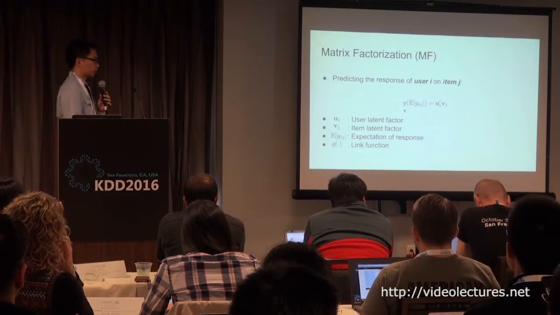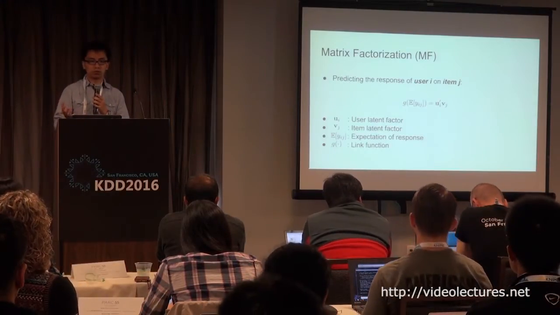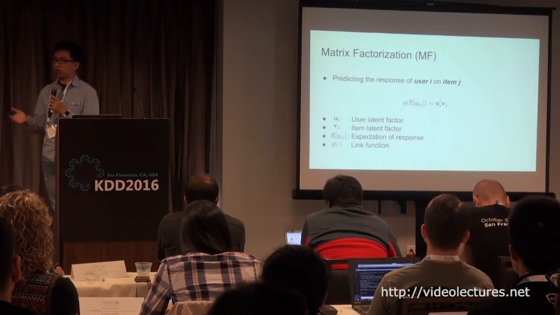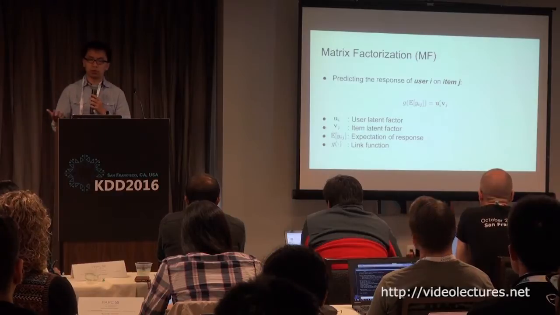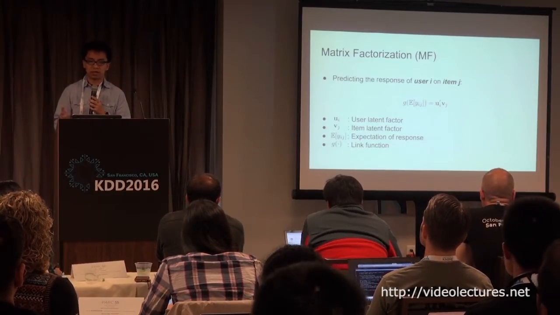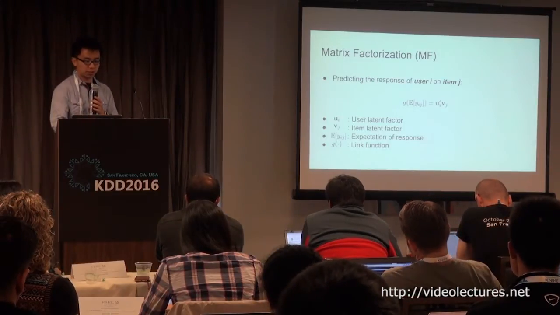Here we will not restrict ourselves, for example, to a least square type of solution. By applying a link function, we are working with a generalized linear model, so the response could be a real response, could be a rating, could be binary, like click or non-click, like or unlike, or could be a count, right? Could be anything. So g is basically a link function.